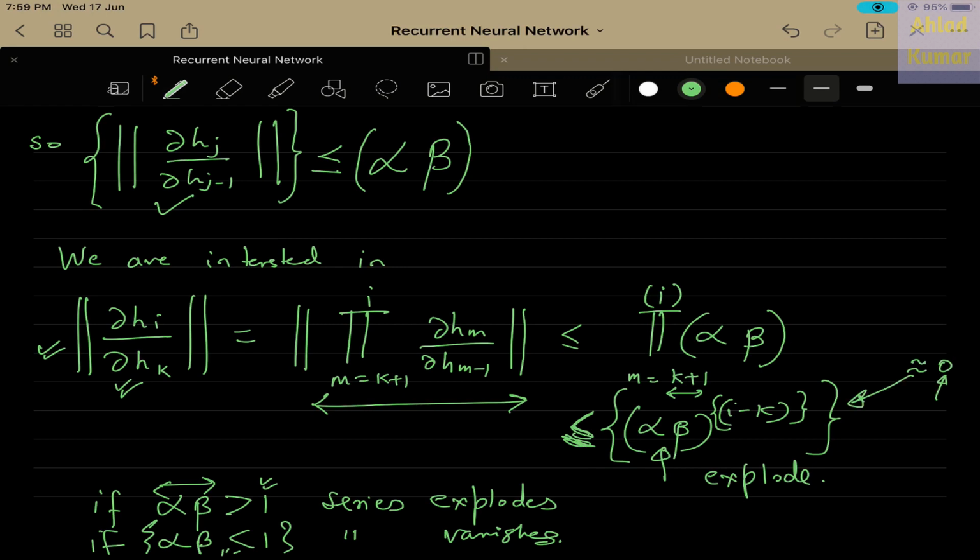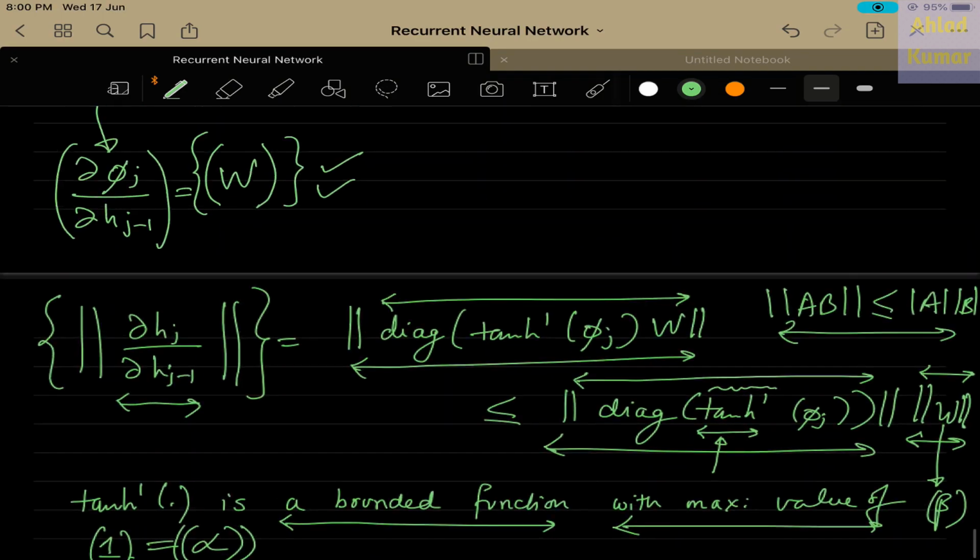By saying that it explodes or vanishes, we have to see what it actually means. You can see that this term depends upon this particular factor, which either explodes or vanishes. Let us consider when it is vanishing, that is, when it is becoming closer to 0.